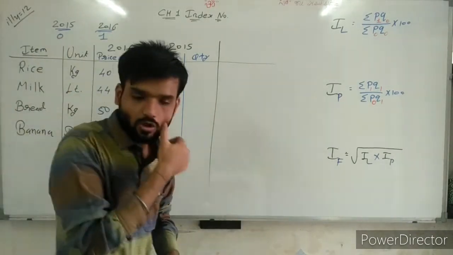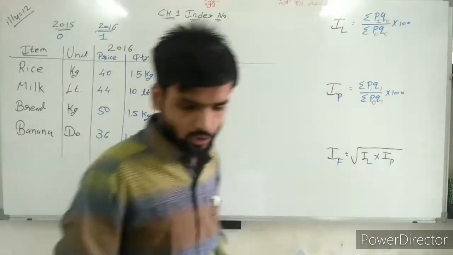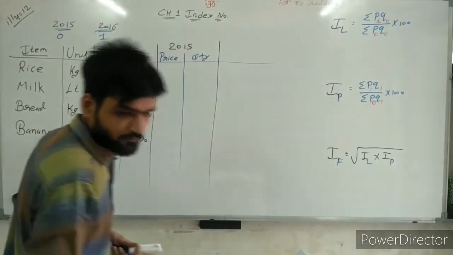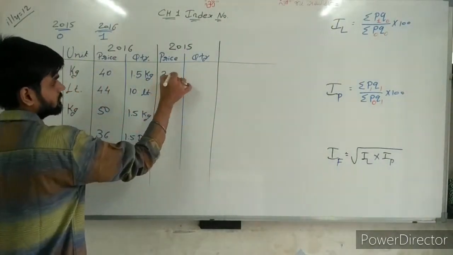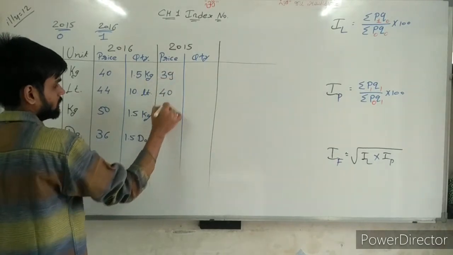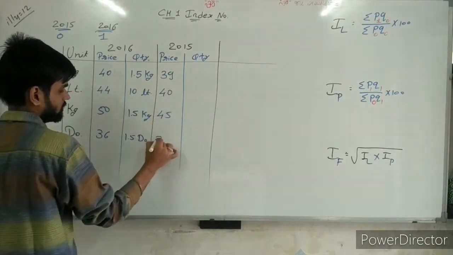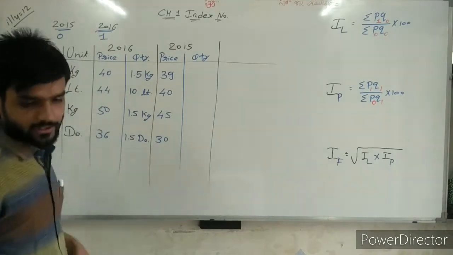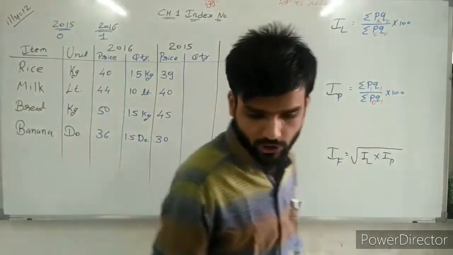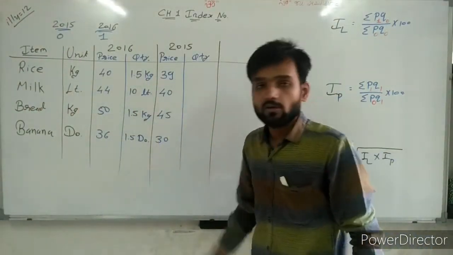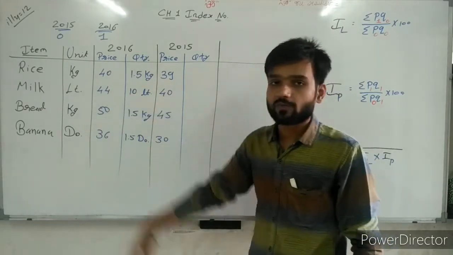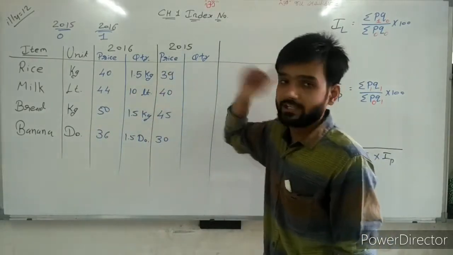Going ahead, talking about 2015. So price is 39, 40, 45 and 30. This is the price for different items in 2015.